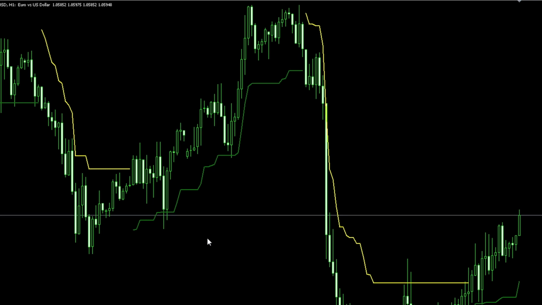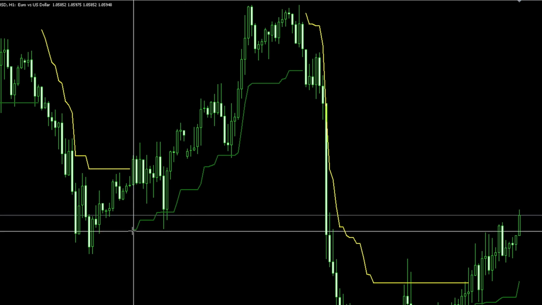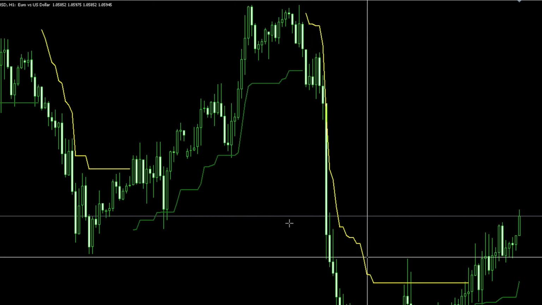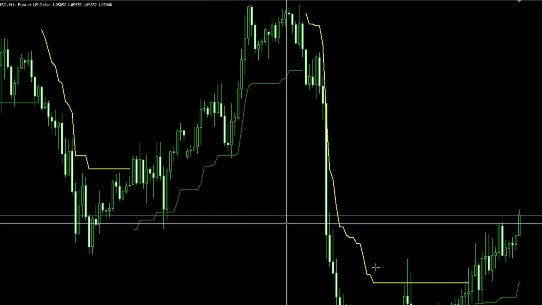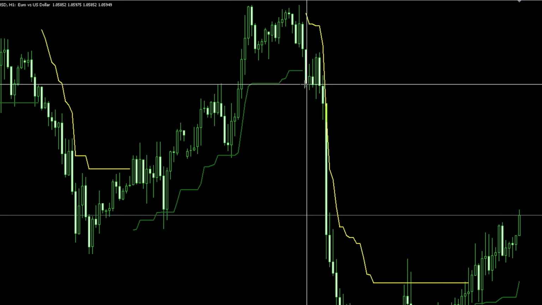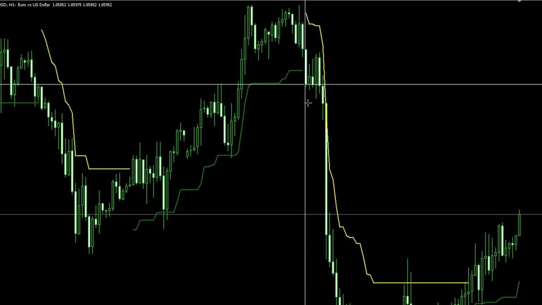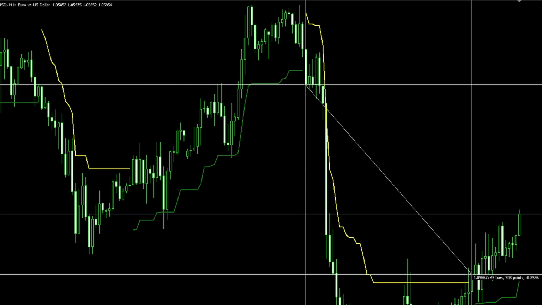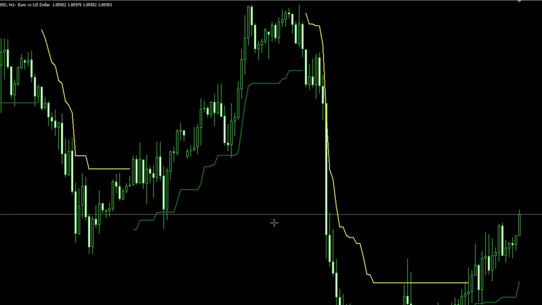Now I'm going to begin with the basic Supertrend strategy, which simply says enter at the beginning of a trend and exit at the close, and then enter in the opposite direction. And as we can see here, I've got a few actual trends that have just closed. So this trend, the most recent one, would have opened here and closed here for 903 points. So that's not bad.